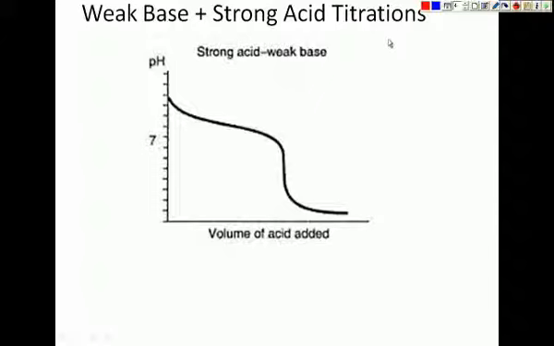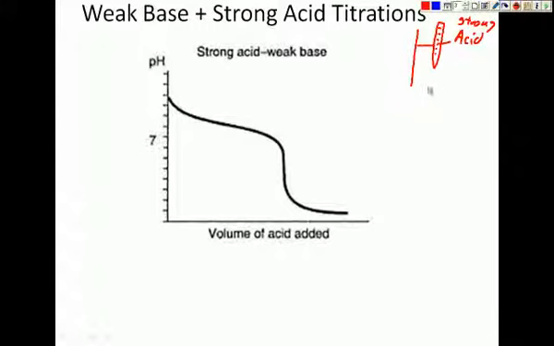Well, let me draw a little picture of it right here. So what we're going to be doing is we have in our burette, okay, here is our burette full of strong acid. And this acid is, of course, strong.